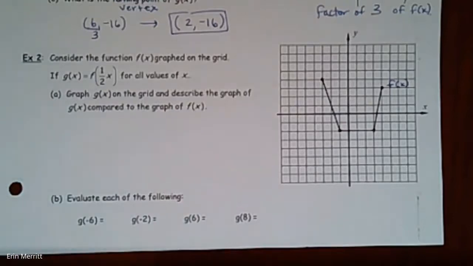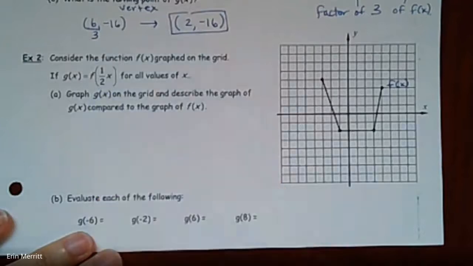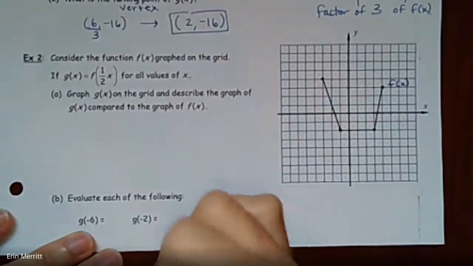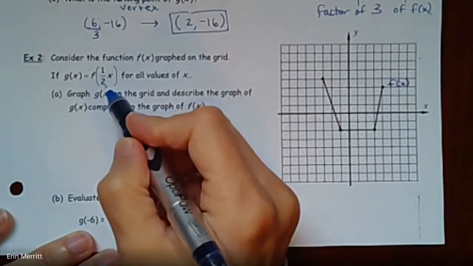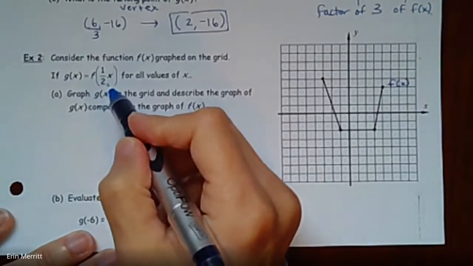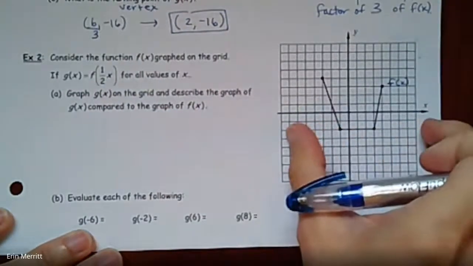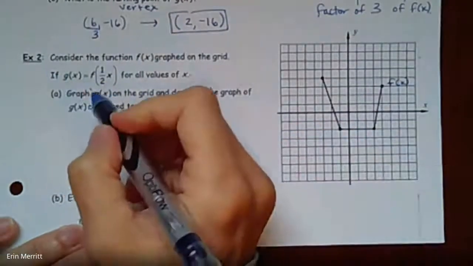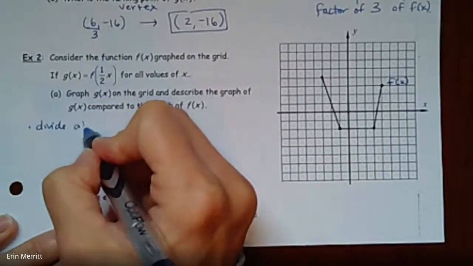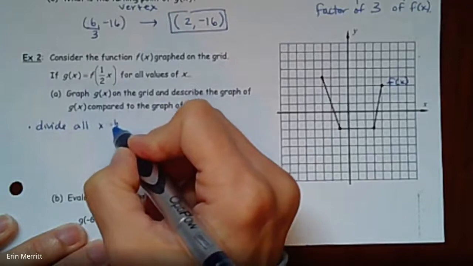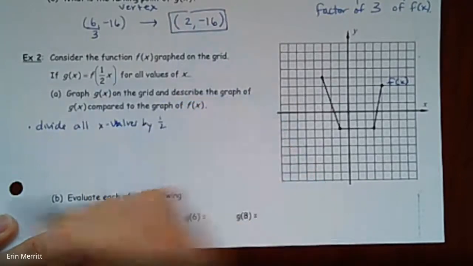All right. Well, for this one, let's think about a couple things. If we have 1/2 x, that means that instead of cutting the graph in half, it's going to do the opposite. So it's going to be getting wider, or kind of doubled horizontally here. So the rule technically is to divide all the x values by 1/2.